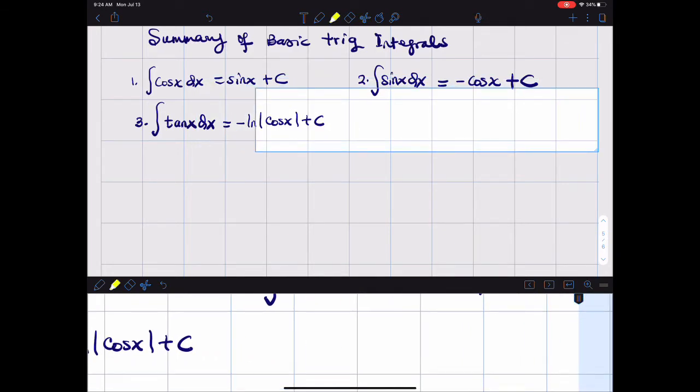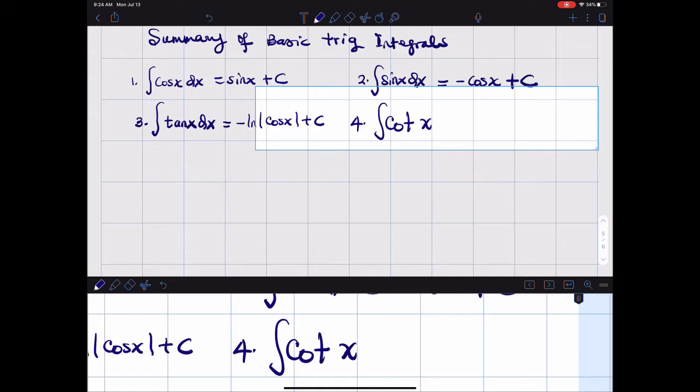All right, how about we look at the integral of cotangent? Number 4, integral cotangent of x is the same thing as, let's see, what do we have?